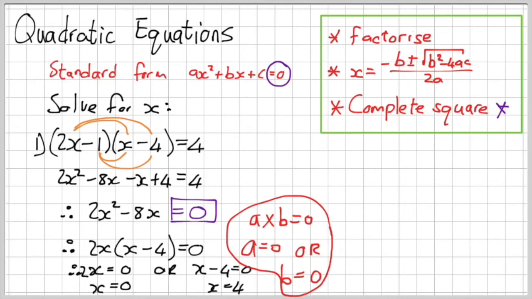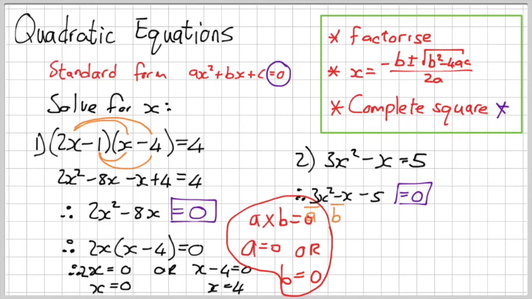Now on to the next one, question 2, which says that 3x squared minus x equal to 5. Again, our main aim is first get equal to 0. You cannot solve quadratic equations, or you couldn't solve them properly without getting equal to 0. So therefore, 3x squared minus x minus 5 is 0, with a being 3, b being negative 1, and c being negative 5.